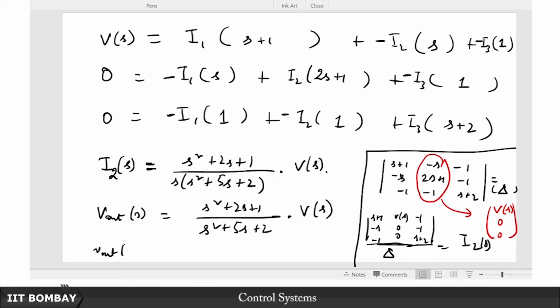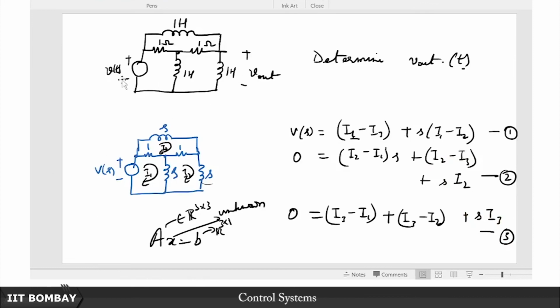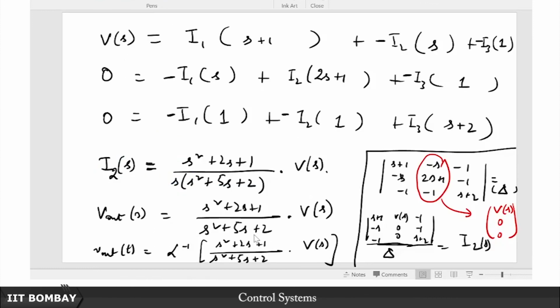So v out of t is going to be nothing but the inverse Laplace of s squared plus 2s plus 1 divided by s squared plus 5s plus 2 times v of s. In case someone wants you to just find out the transfer function for the circuit between v out and this v, then it is just this term, right. So this term is exclusively your transfer function, okay.